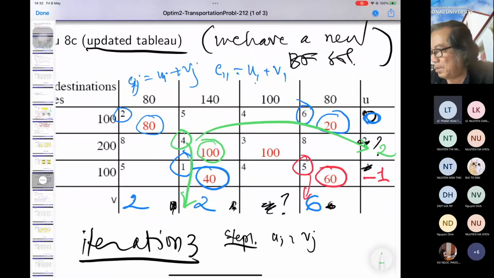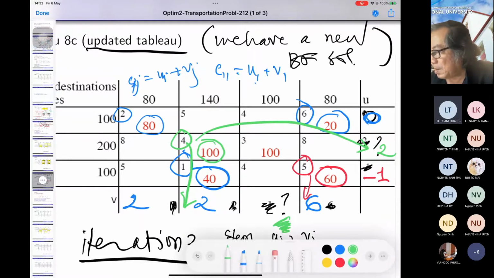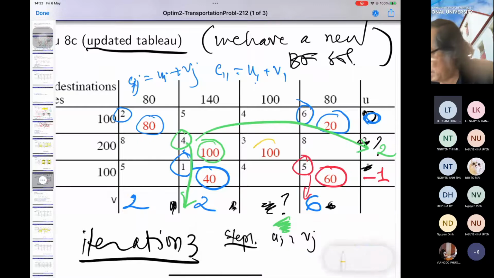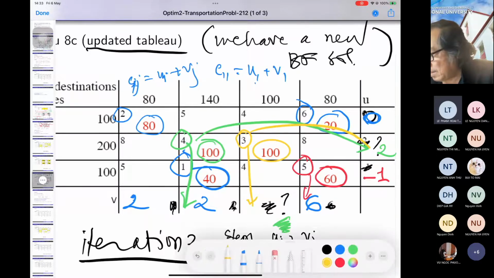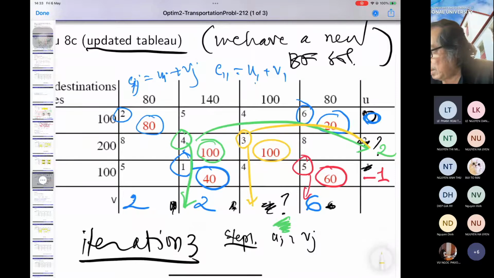Now, in order to calculate this one, we go to cell 2, 3. And we have a 3 here equal to 2 plus 1.